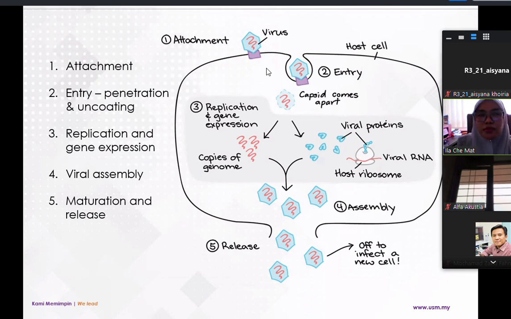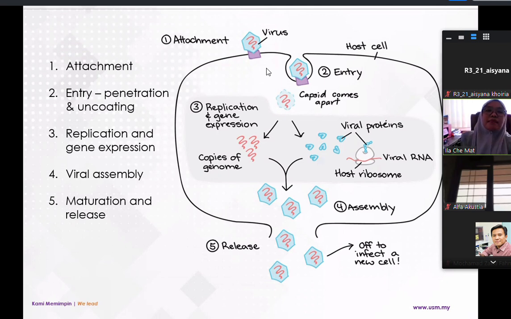Without the host cell, they cannot multiply. If they exist as a single virus, it's going to be one single virus forever until they find a suitable host cell. Once they find a suitable host cell, they will go through the replication cycle. They borrow the host cell machinery to replicate and produce more virus.